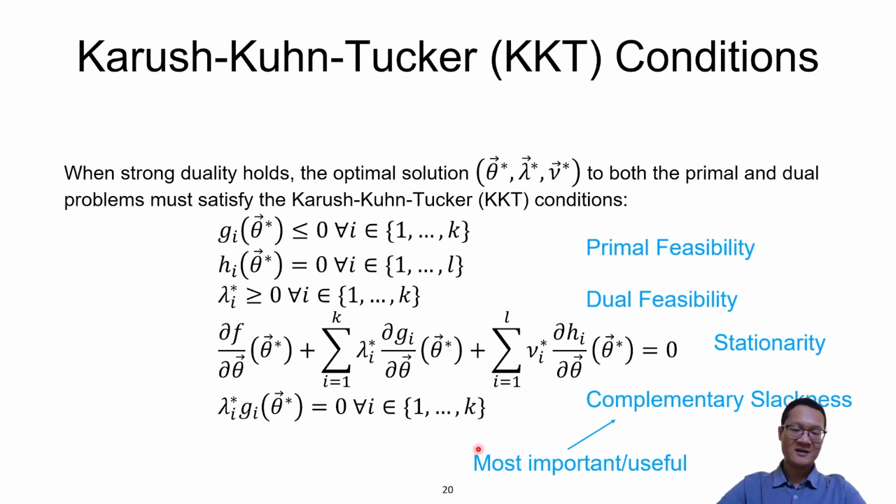Finally, the last condition is complementary slackness, which says for all i, lambda i times gi of the optimal theta must be 0. I'm not really going to derive these conditions or explain too much about them. I'm just going to state that these conditions are indeed satisfied when strong duality holds. Then we're going to focus on the last condition and use that to interpret the solution to the SVM problem.